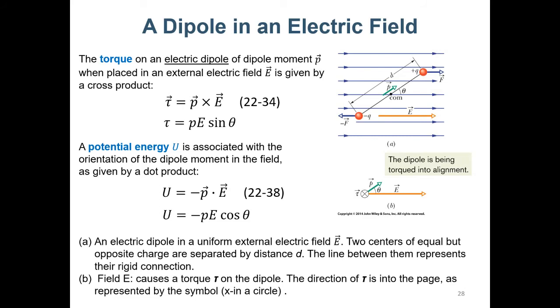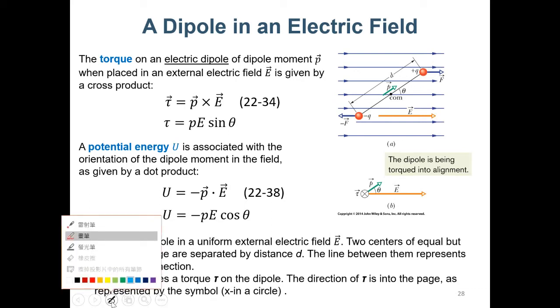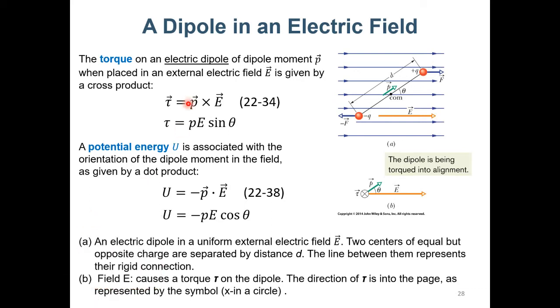Okay, so we talk about the dipole in an electric field. The torque on an electric dipole of dipole moment P: when we introduce the dipole, we also define a variable called the dipole moment, P equals Qd.